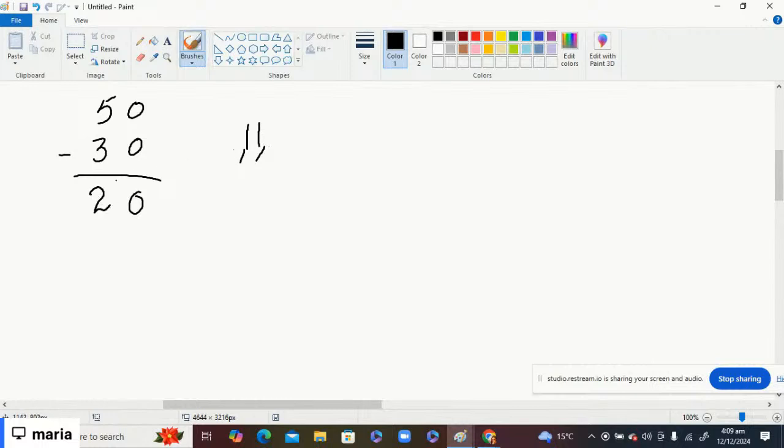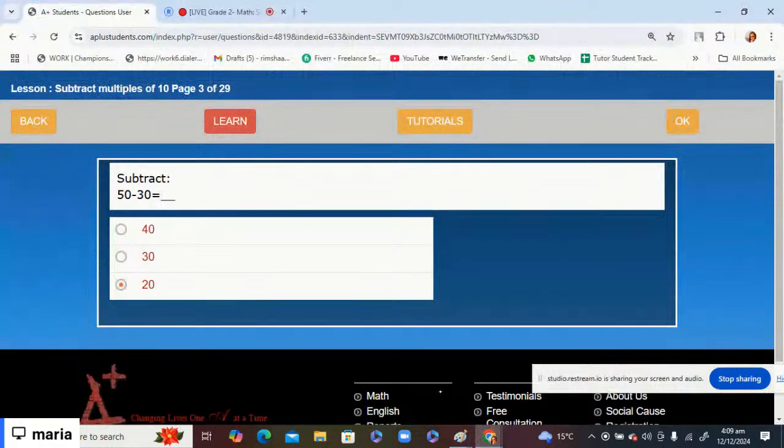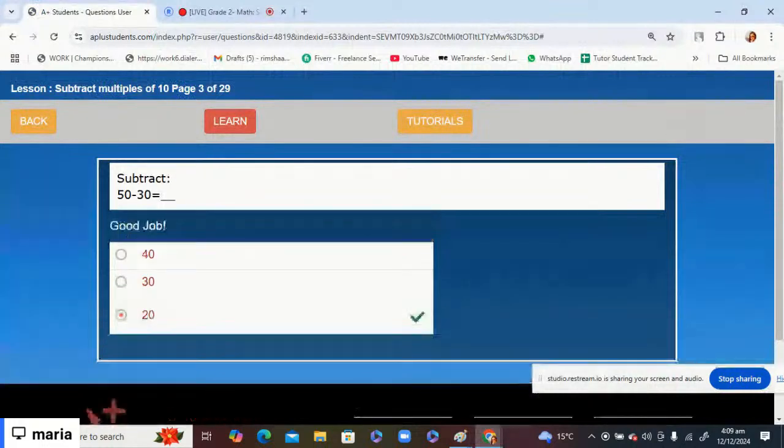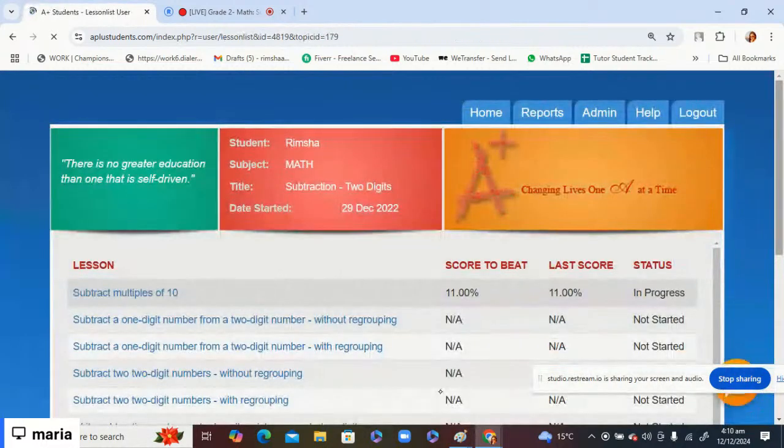So putting 2 here. That is 20. So this is our answer. This is the way you are going to solve this subtraction. Okay, now solve the rest of the questions by yourself. Let's do the next lesson.